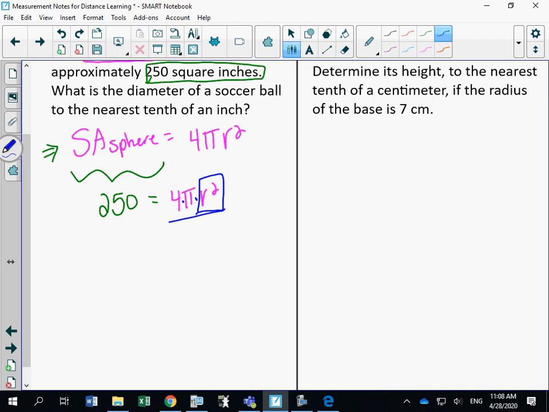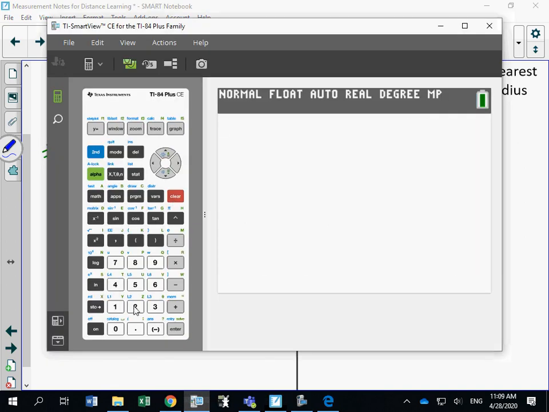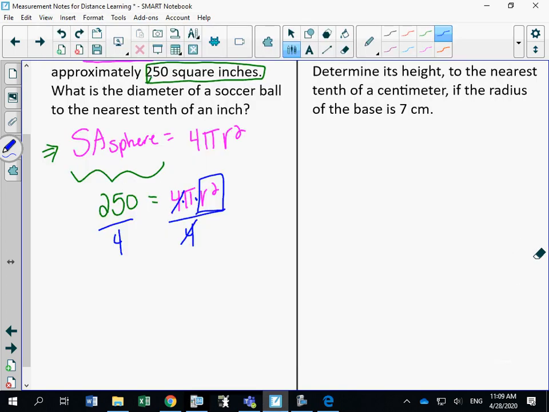So if I wanted to get rid of the 4 first, I'm going to divide this side by 4 and this side by 4. Then I would have 250 divided by 4, 62.5, is equal to pi r squared. We need to get rid of that pi, so divide both sides by pi.